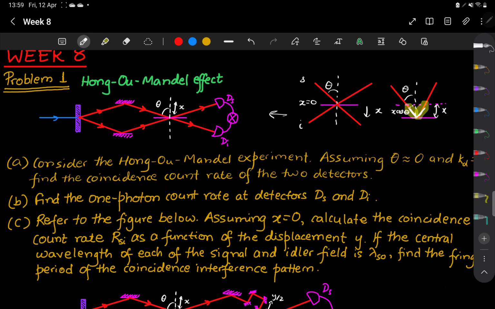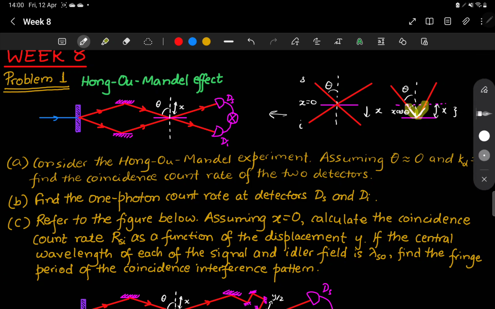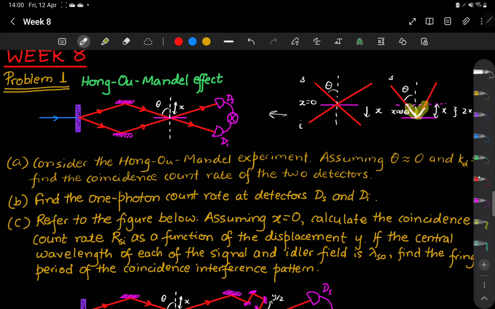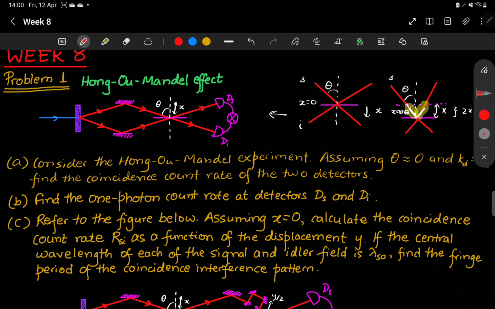Now theta is very small, very close to 0. So this extra thing that you are seeing is negligible. So that's how x cos theta from this side, x cos theta from the reflected part, would make extra path equal to 2x cos theta travelled by the signal, and idler will travel less distance. Idler will travel less distance by the same amount.